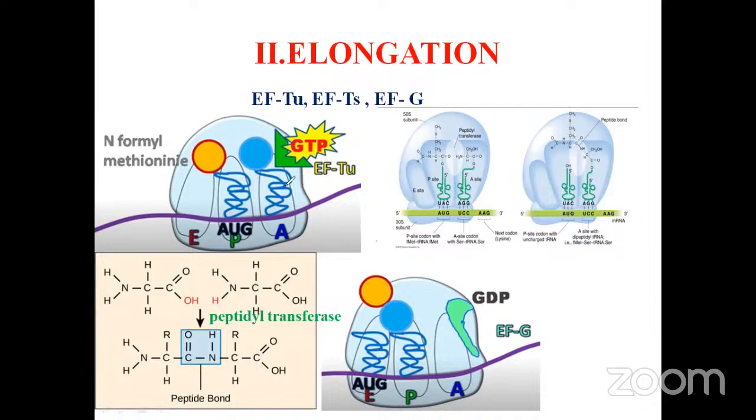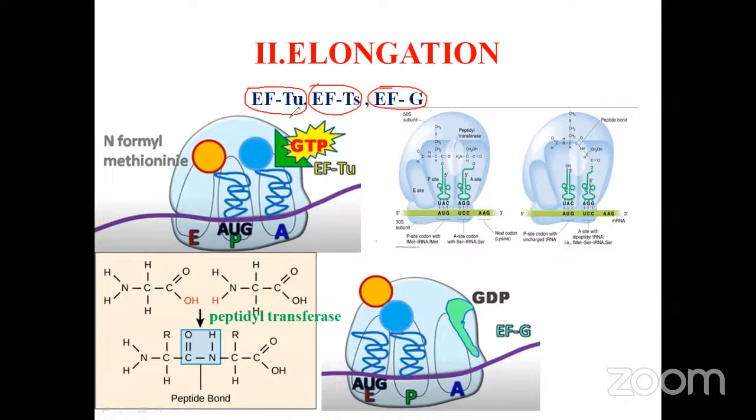Yes, sir. Right now, this A site, the aminoacyl site, is filled with another aminoacyl tRNA, right? So before that, in prokaryote elongation, some elongation factors are required. The elongation factors are elongation factor Tu, second elongation factor Ts, and third elongation factor G. These three are required for elongation.